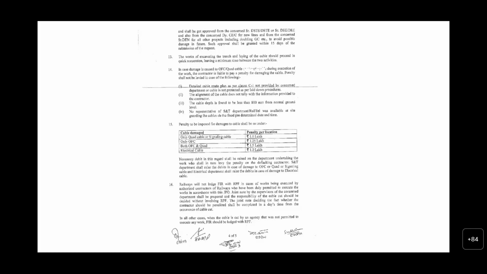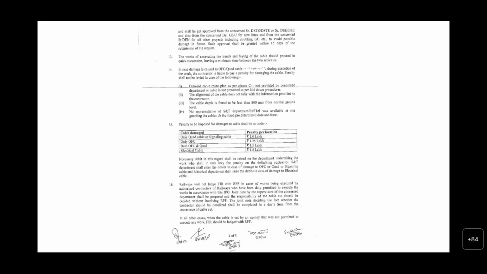And the fourth one is that no representative of the SNT department or railway staff was available at the site guarding the cable on the fixed predetermined date and time. If this is not adhered to, we will not have a chance to levy a penalty on the contractor or the agency who has carried out the work.